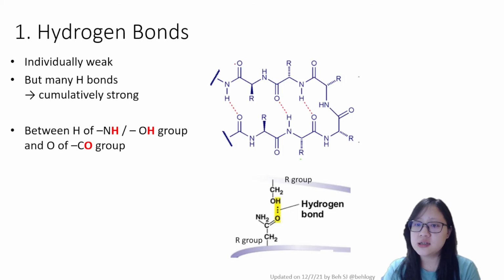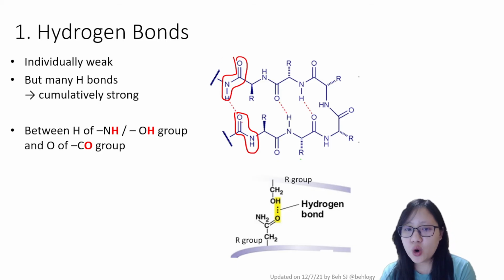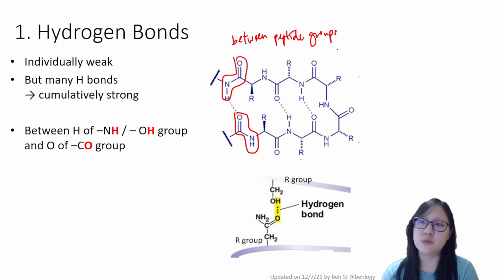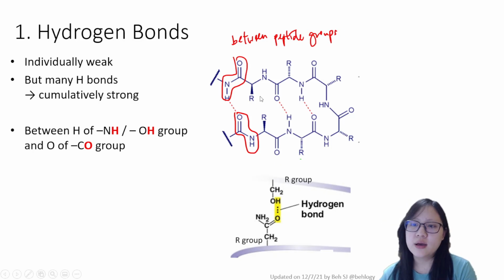You can see here C double bond O and H, and here C double bond O and H. They're not beside each other, they're opposite each other, but you can see how the double-bonded O can do hydrogen bonding with the NH group. So this is between peptide groups, perhaps would be more appropriate. Not the peptide bond itself, but the H and the double-bonded O attached to the peptide bond.